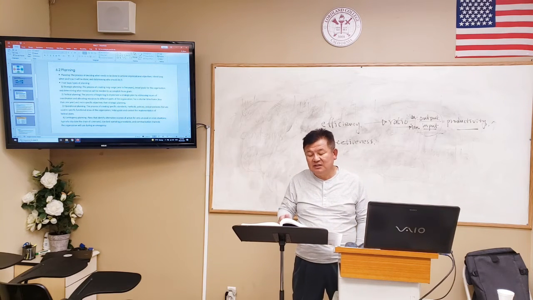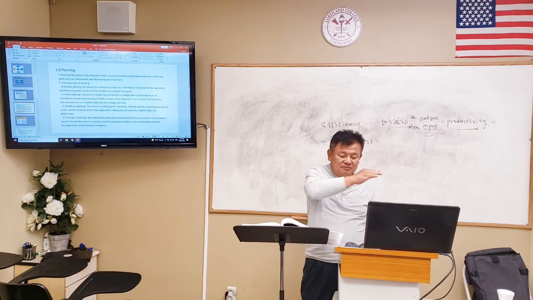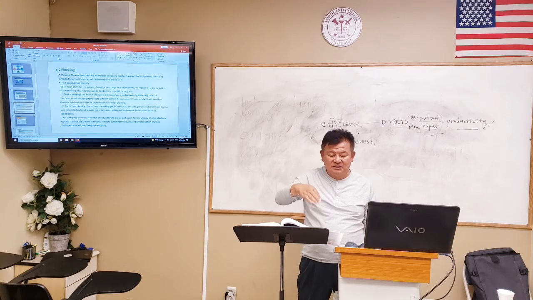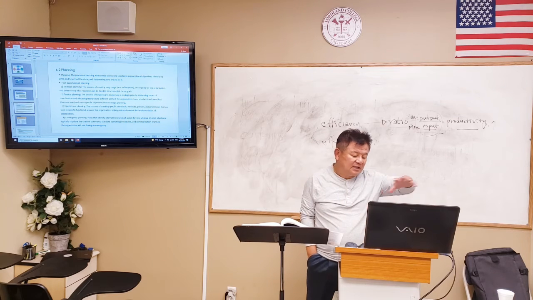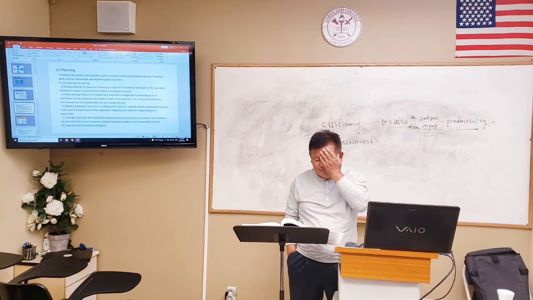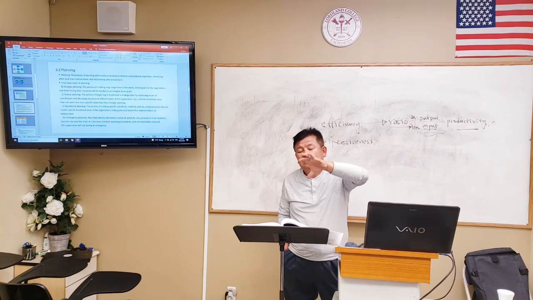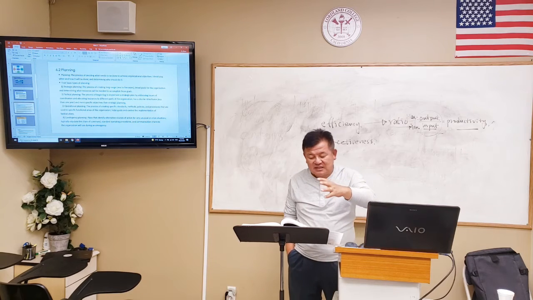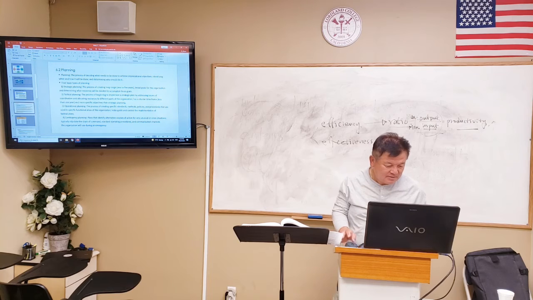At this time, we need planning, and we call it contingency planning. So in the process of planning, if there is a crisis or unusual situation, we need other plans. This kind of plan we call contingency planning.